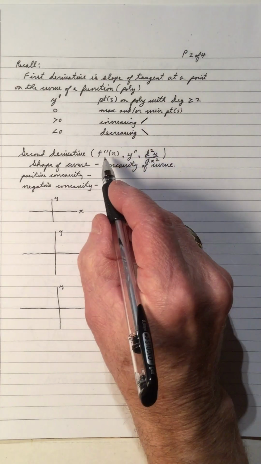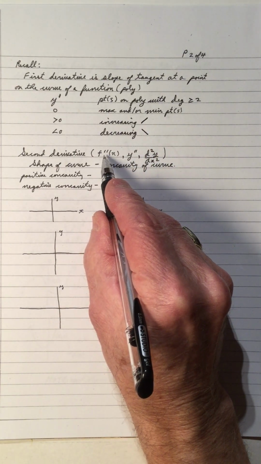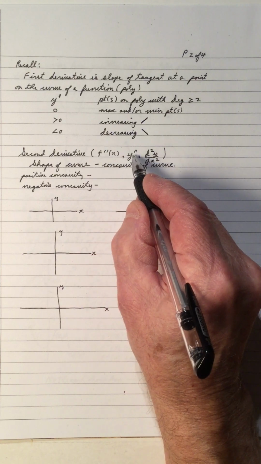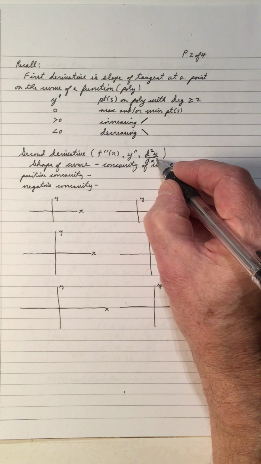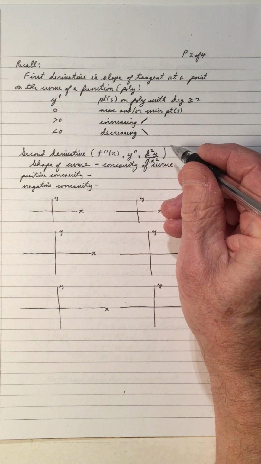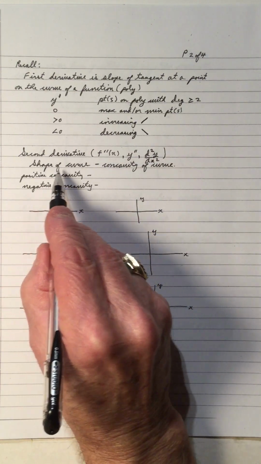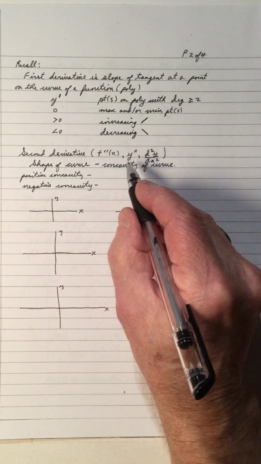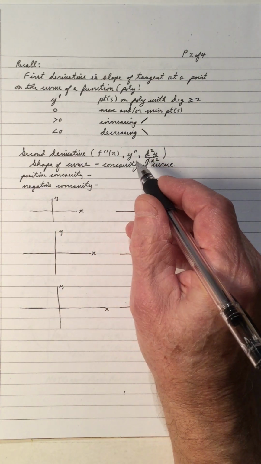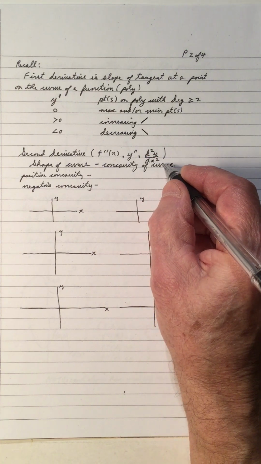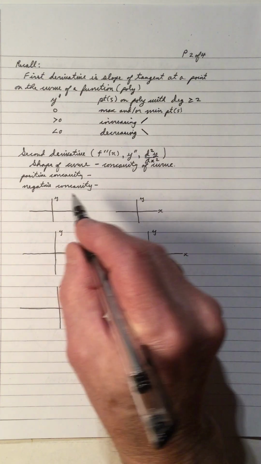But the second derivative, which is denoted by f double prime or y double prime or d squared y over dx squared, tells us about the shape of the curve. In other words, what we call the concavity of the curve.